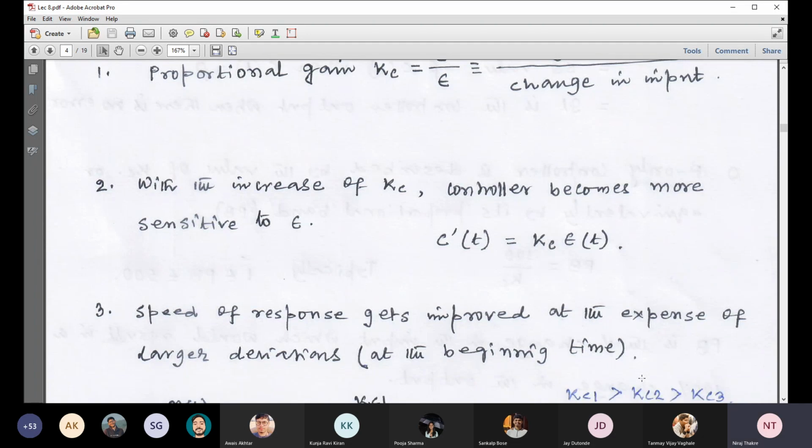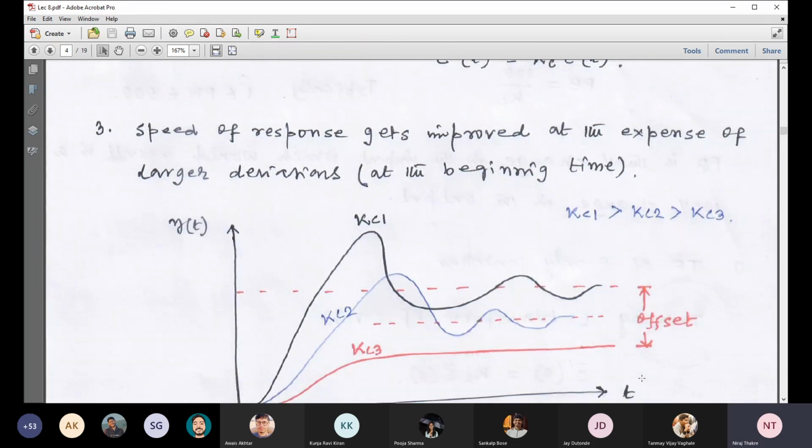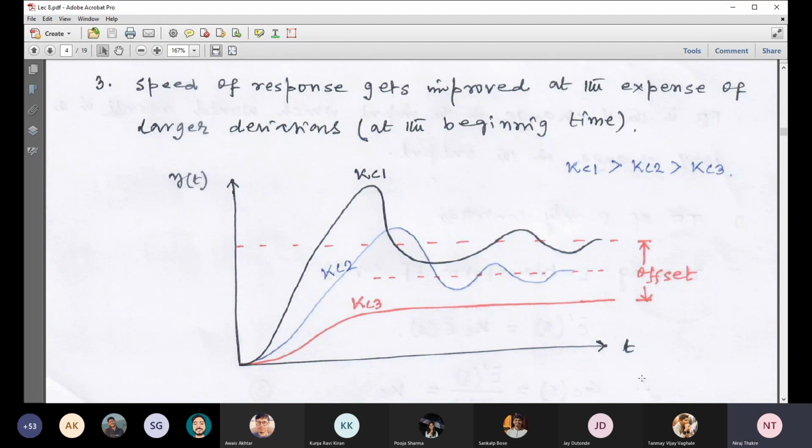Okay, so let us see through the plot how it looks like. This is the response. We draw this figure.